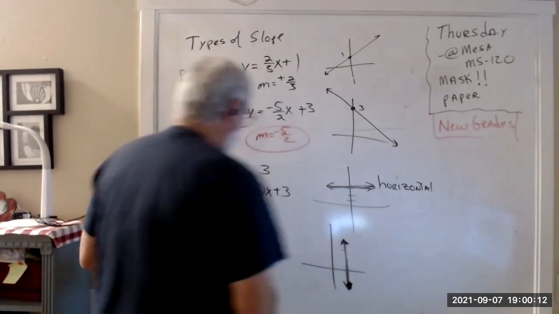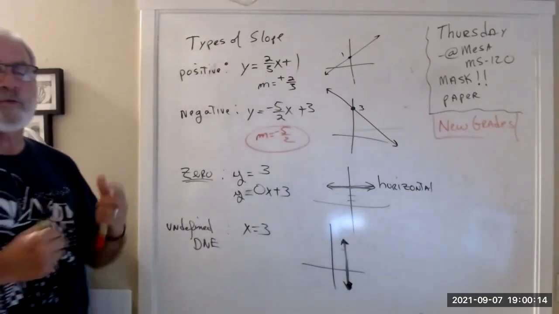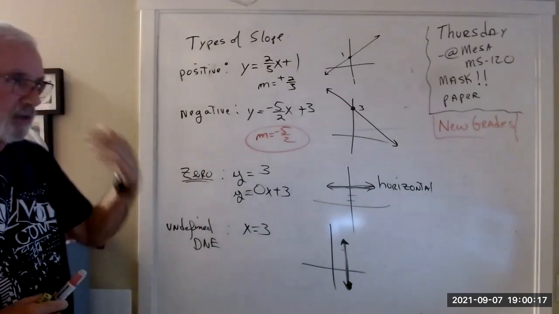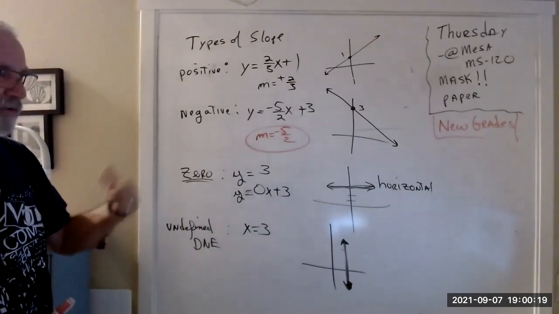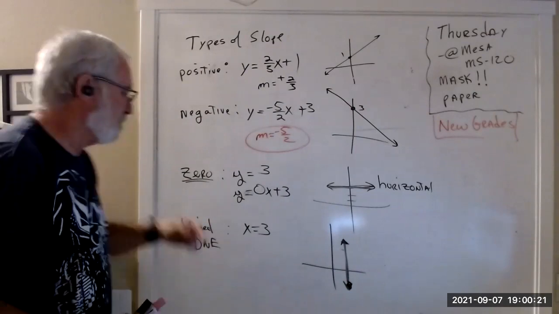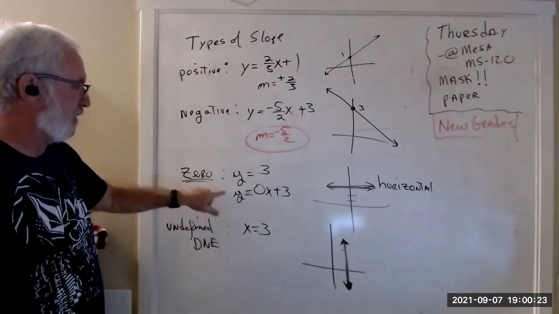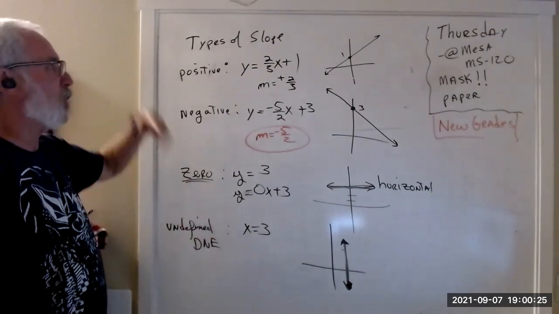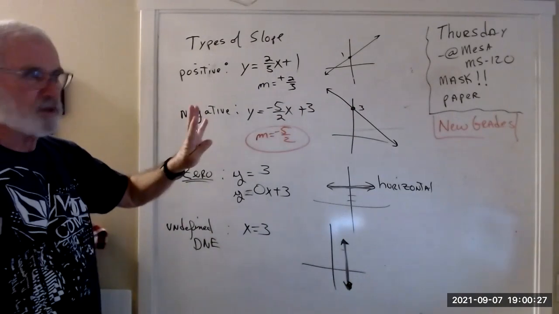So whenever we're graphing lines, or talking about slope, there's 4 types.